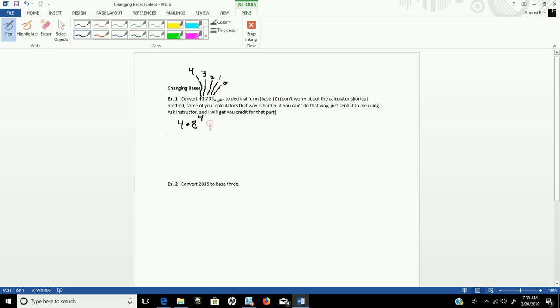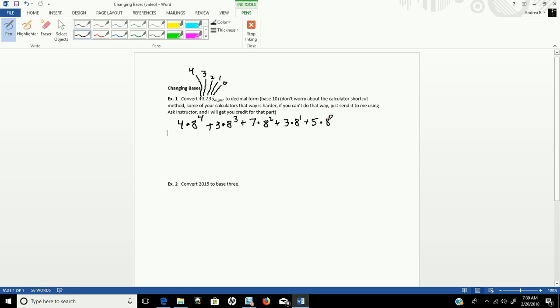So then plus, for the 3, the next digit over, we'd have times 8 to the 3rd, plus the next digit, the 7, times 8 to the 2nd power, plus the 3 times 8 to the 1st power, plus the last one would be 5 times 8 to the 0 power.